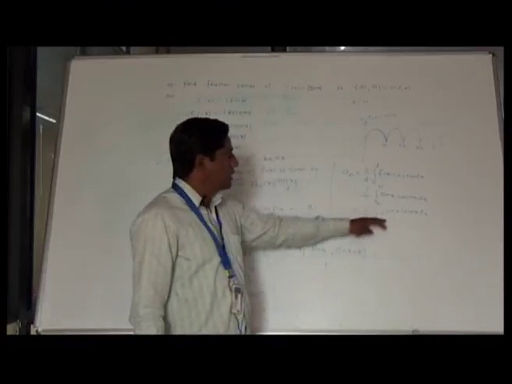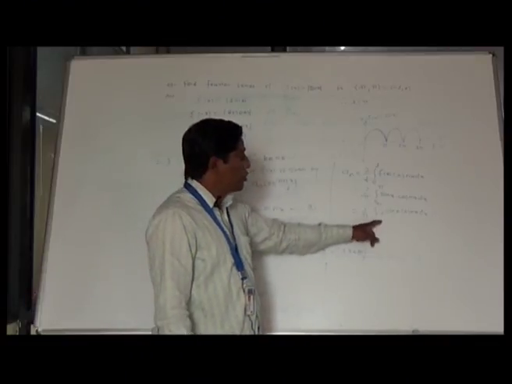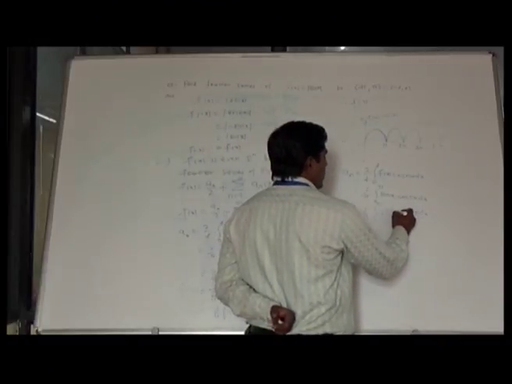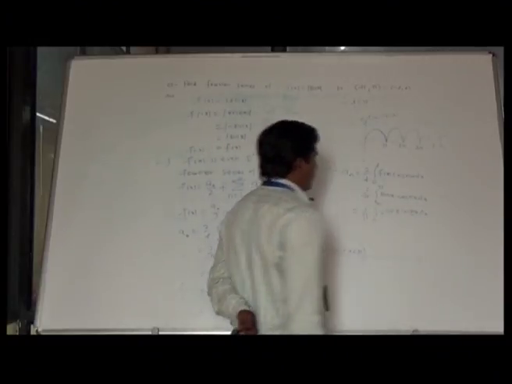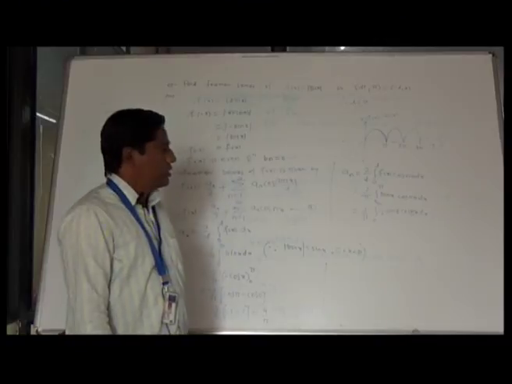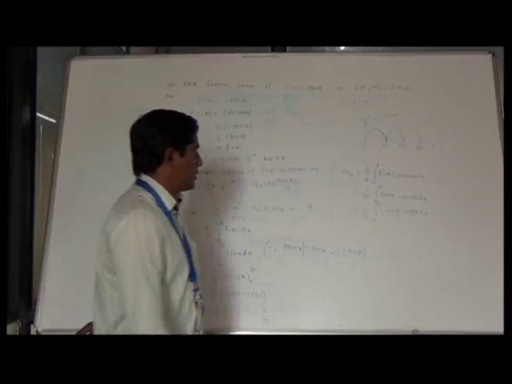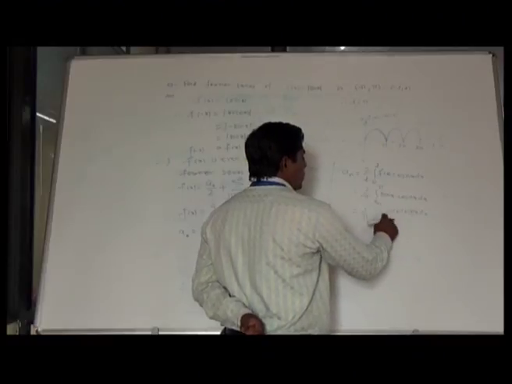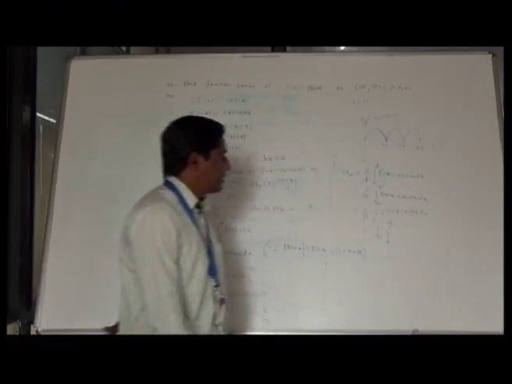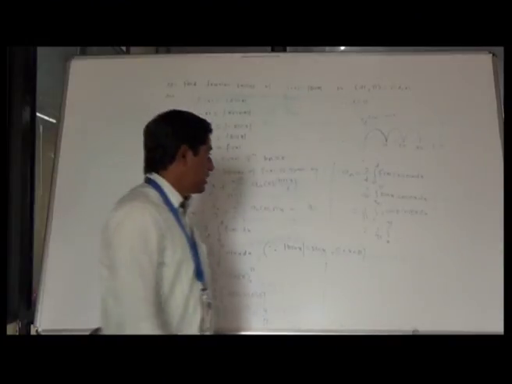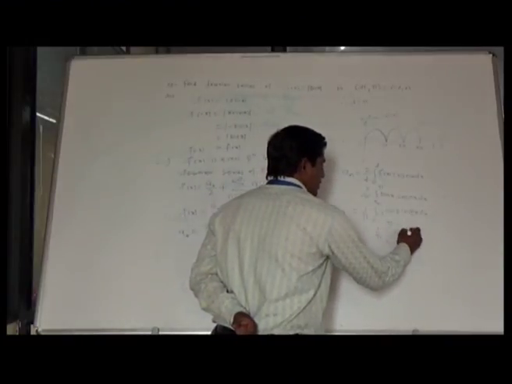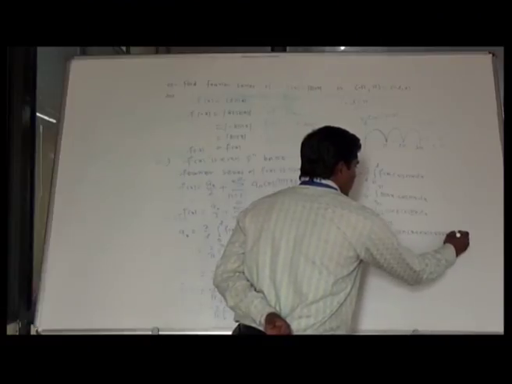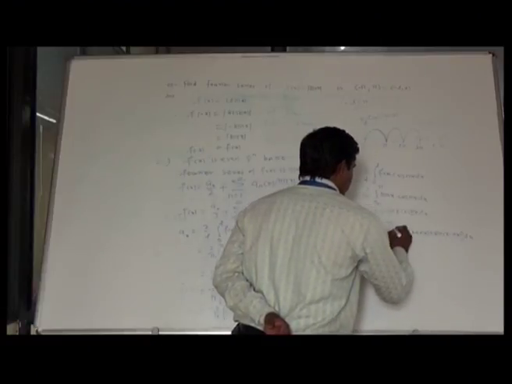Now we have to solve this integration. So we use the formula 2 times sin A into cos B, this is angle A, this is angle B. 2 times sin A into cos B is sin(A plus B) plus sin(A minus B), bracket close, dx.